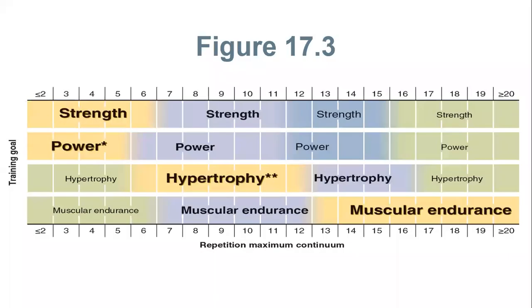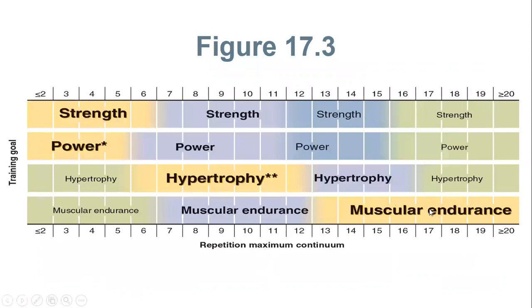This kind of gives that as an image. When we are looking at the repetitions on the bottom, higher reps work on muscular endurance. Lower reps, depending on the training goal, give you strength and power.